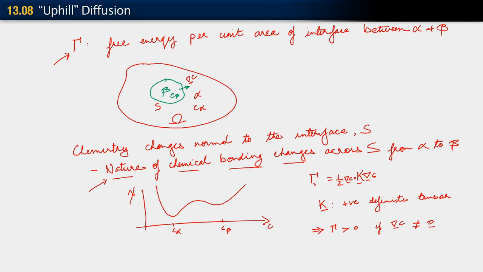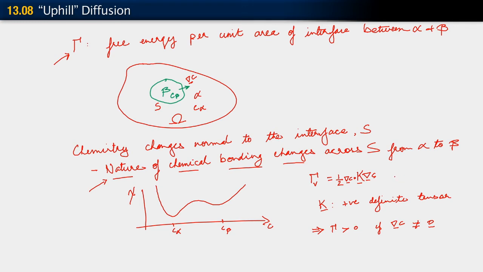So rather than represent it as a free energy per unit area, I put a gamma sub V there, to say that the effect of having a mathematically sharp surface can be represented if, instead, we have a region where the concentration changes from alpha to beta.